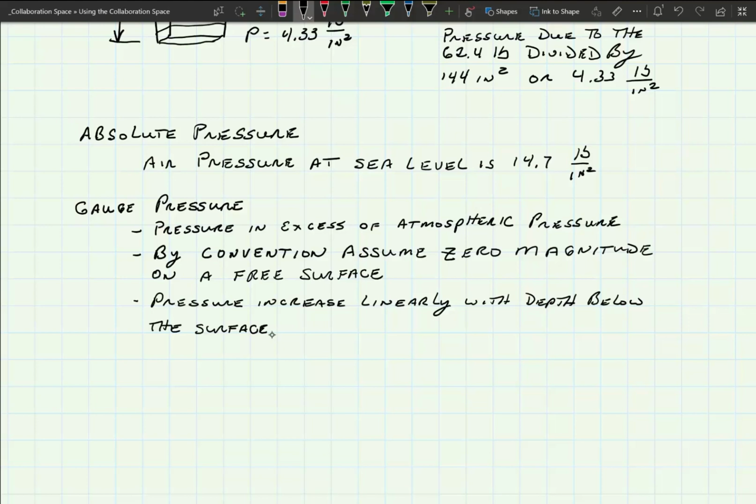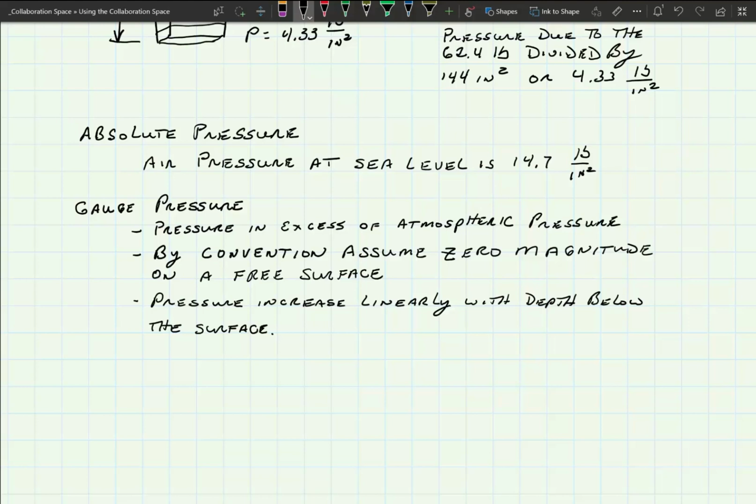Okay, so the pressure increases linearly as we go deeper. Can you imagine a world in which the pressure increased exponentially as we went deeper? You wouldn't go very deep, you know? Just think about diving into a school pool that's 12 feet deep in the deep end. You'd be crushed at the bottom. No way. So thank God physics actually works the way physics works, or otherwise we'd be in trouble.